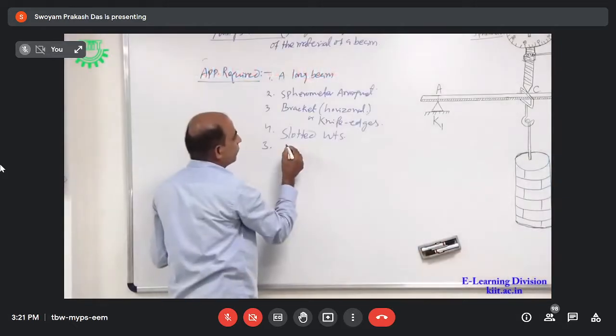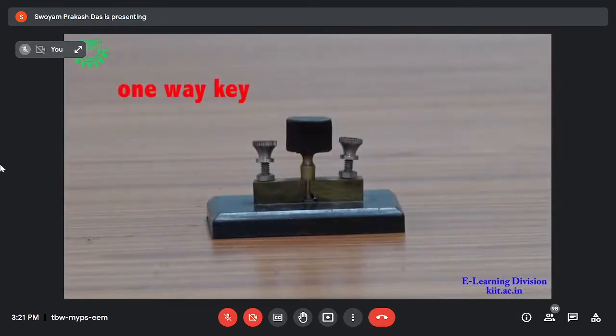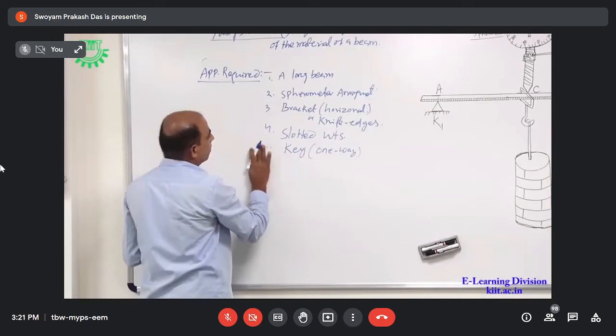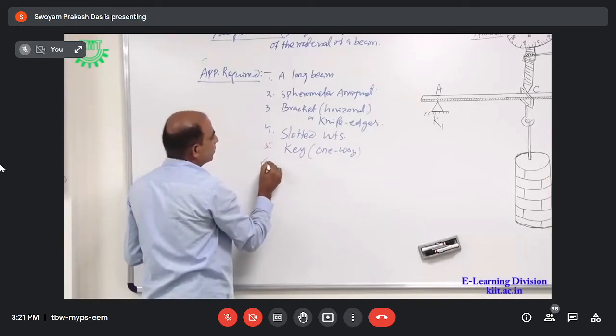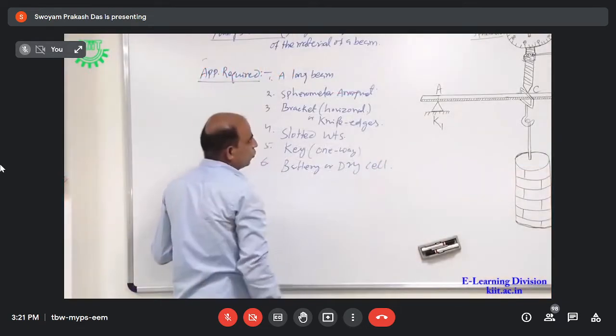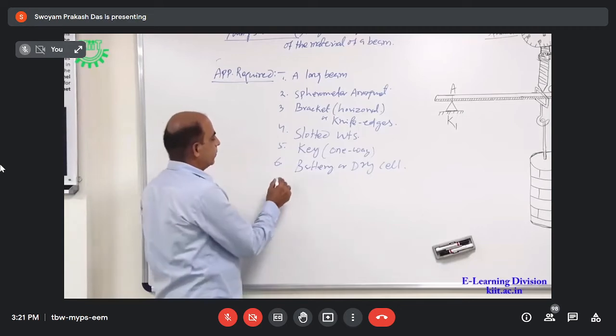Number five, a key, one-way key. Number six, that is a battery, dry cell, which provides a constant EMF.